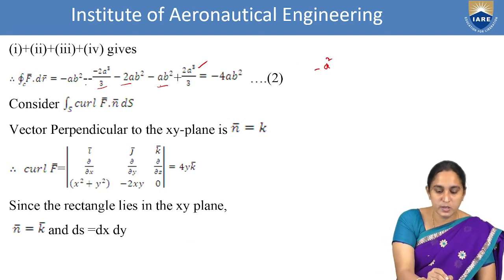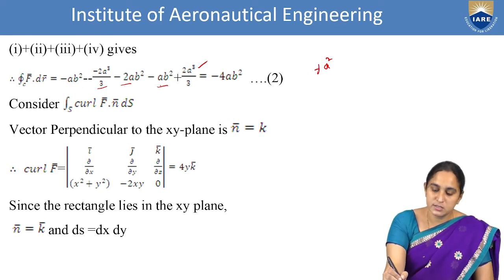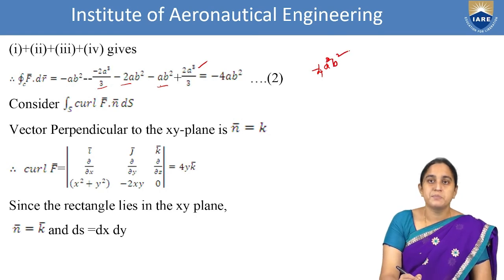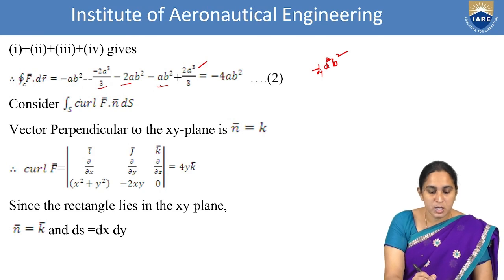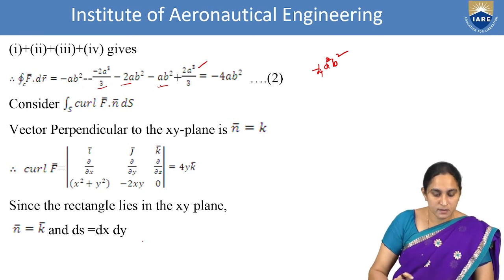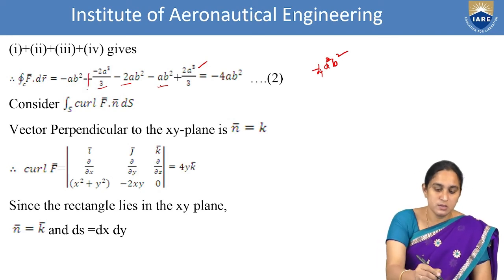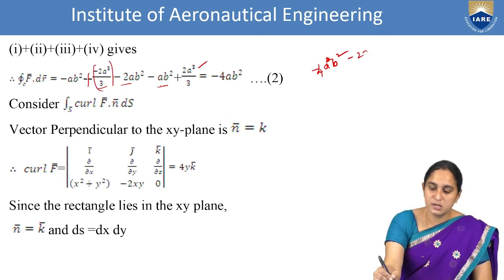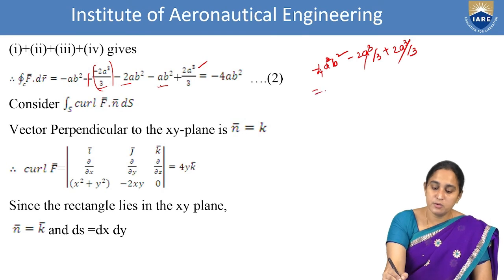Minus ab square, minus ab square, minus 2ab square gives minus 4ab square.